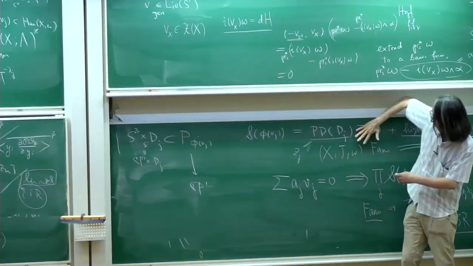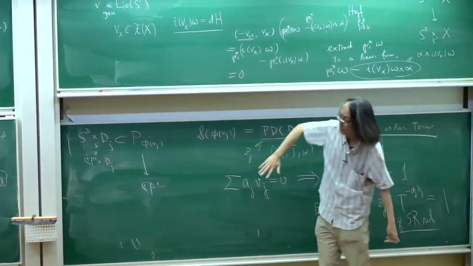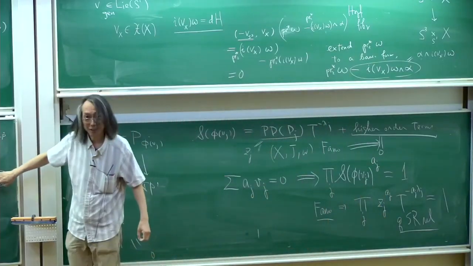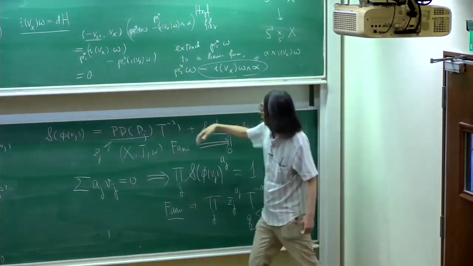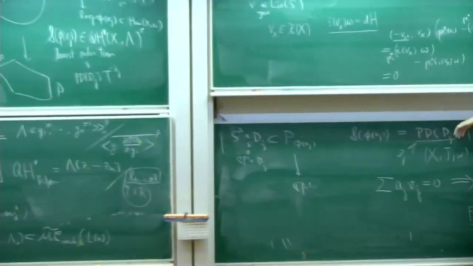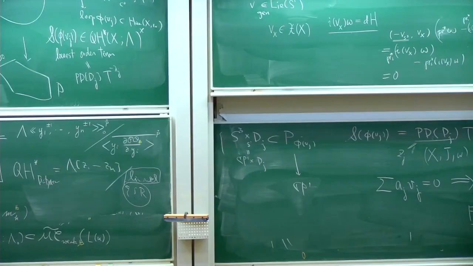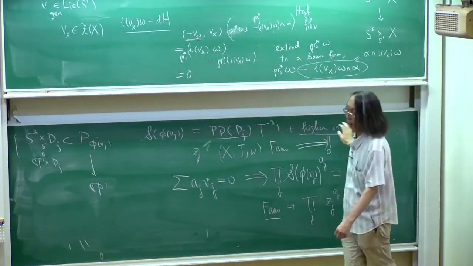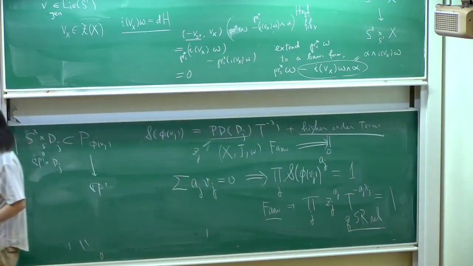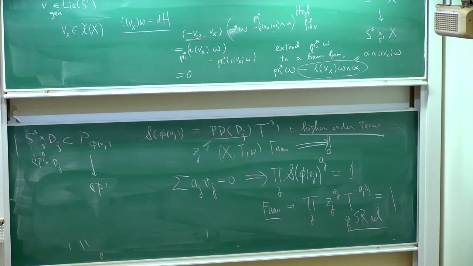So for this Poincare dual of dj, we have a linear relation, but now you have higher order terms, and then this relation doesn't really survive for this one. So therefore, there are two ways. One is you try to keep the linear relation.